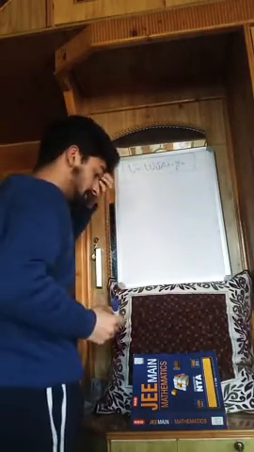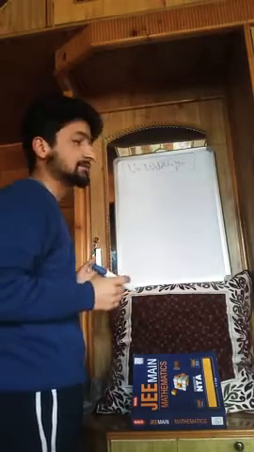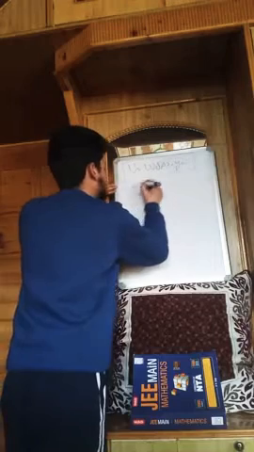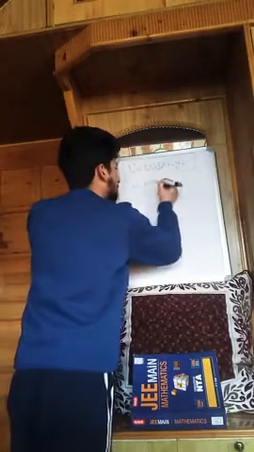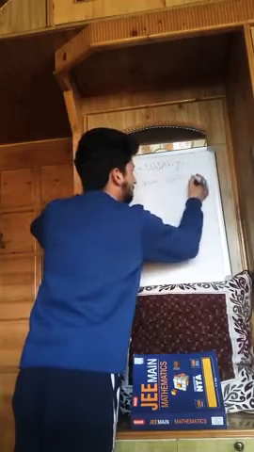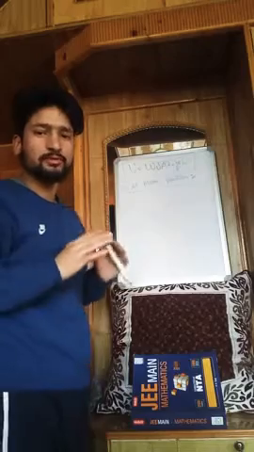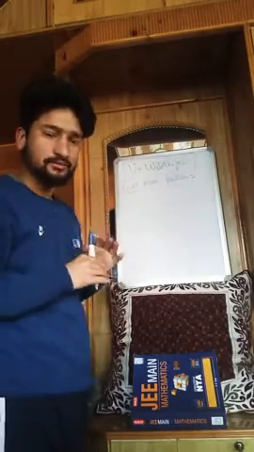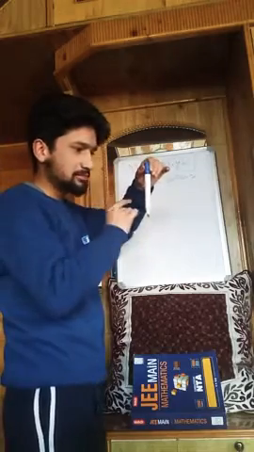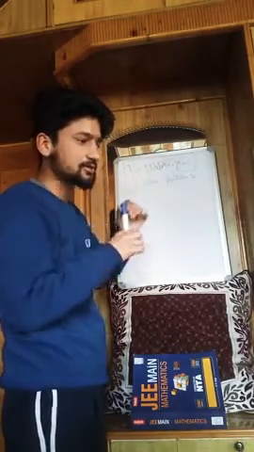Now let's see what is the value of velocity at the mean position. As you know, when the body is at mean position, its displacement is actually equal to 0.